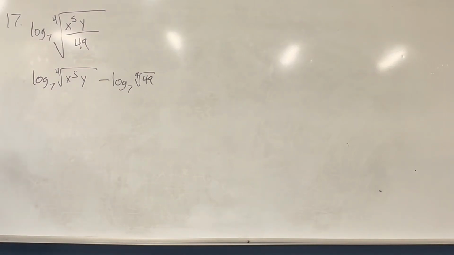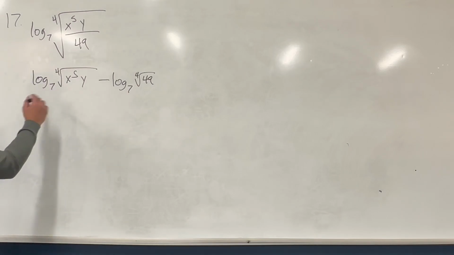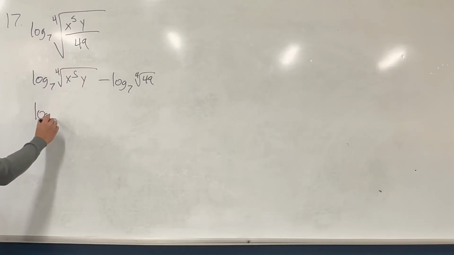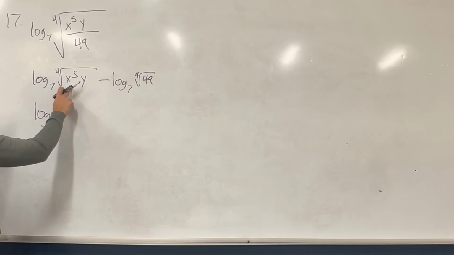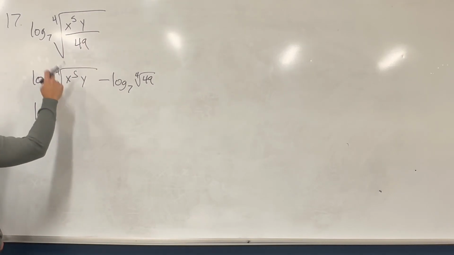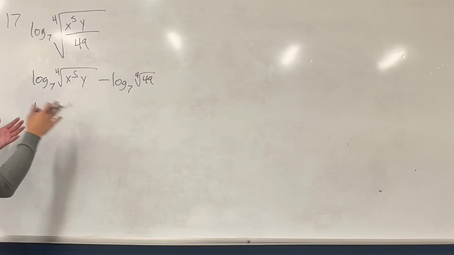So what's the next plan? We have here a product rule. The division was subtraction, and multiplication between x to the 5th and y is like addition.